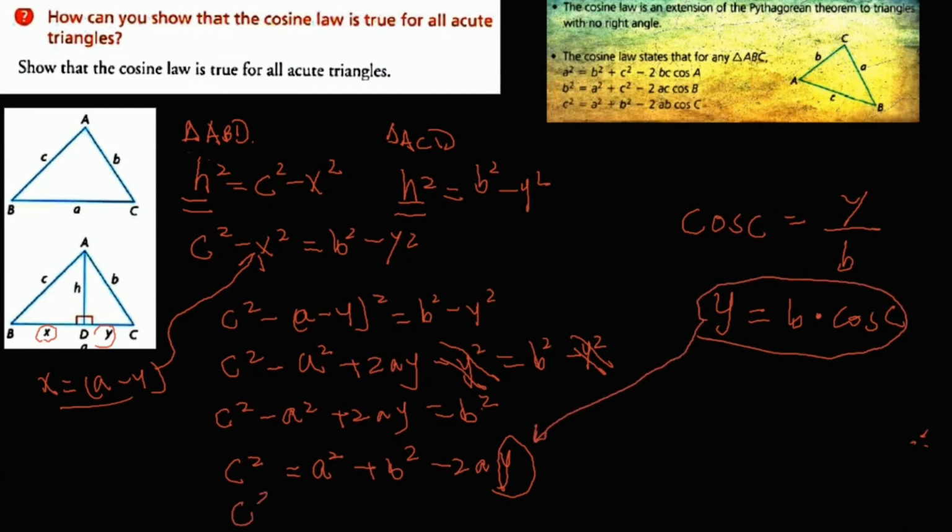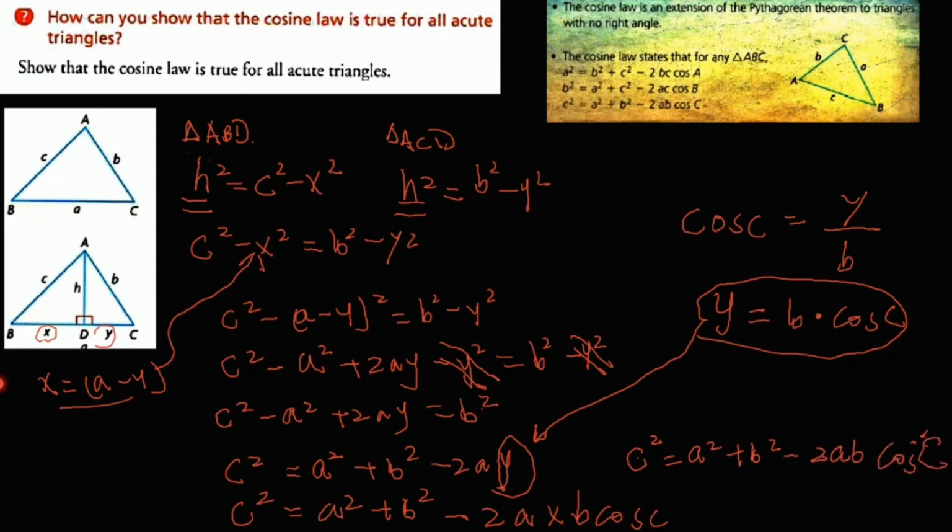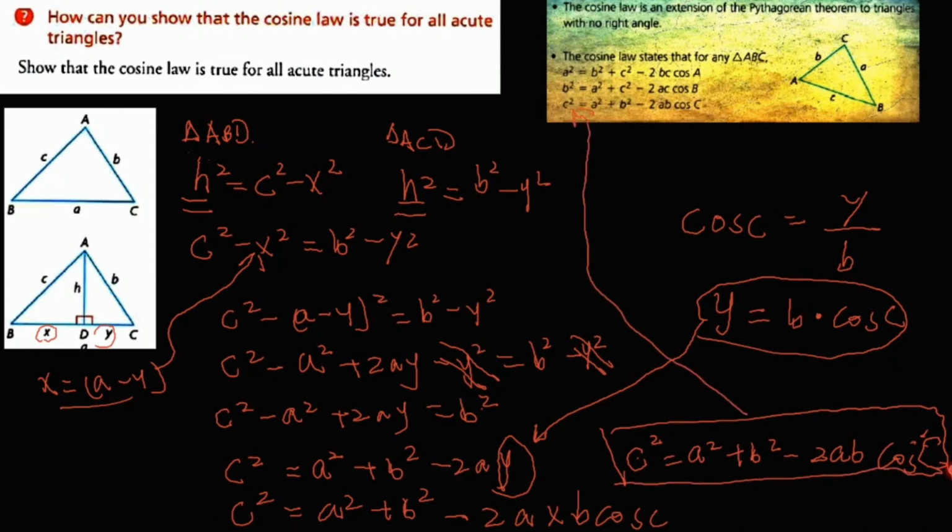So c squared equals a squared plus b squared minus 2a times b cosine C. And okay, so c squared equals a squared plus b squared minus 2ab cosine C. See, this is the cosine law for this, right?